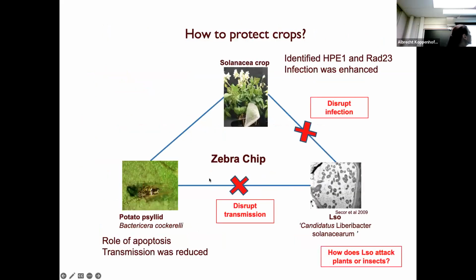And so if we come back to my disease triangle here, our screenings allow us to identify HP1 as a virulence factor and RAD23 maybe as a susceptibility factor. It's difficult to see. And when we express HP1, we have the infection enhanced. So we can reduce transmission, we can enhance infection. The question is, can we play with these systems now to maybe avoid infection?